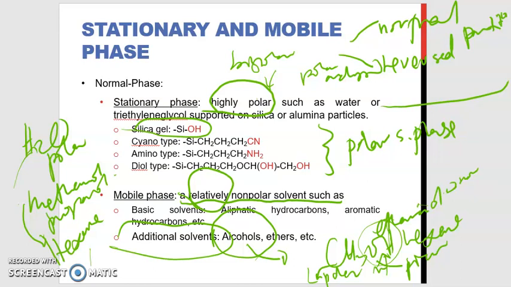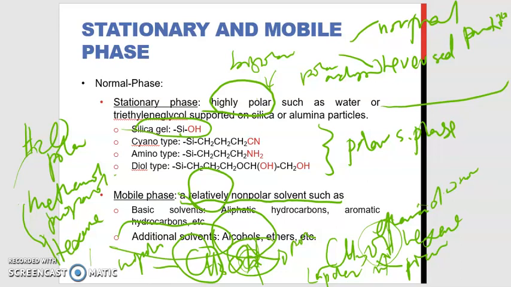That is why we have additional solvents, and normally additional solvents are alcohols. Why? Untuk tarik keluar tadi. Contohnya methanol, CH3OH. So methanol ni dia ada part yang non-polar, dia ada polar part here. So your analytes tadi yang polar tu, dia dah lekat dekat stationary phase yang polar, tapi sebab dia pun ada polarity kat sini, polar part dekat methanol.